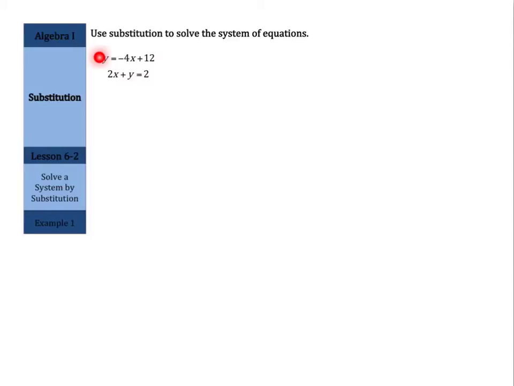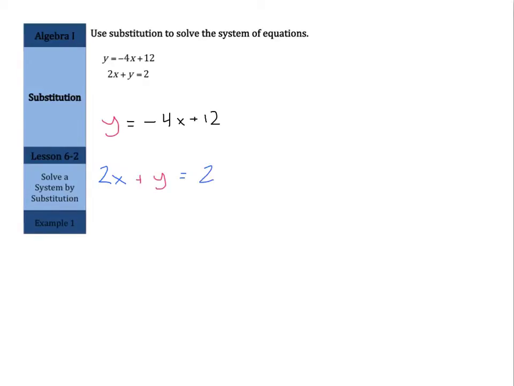So what we're going to do here, if we can picture it this way, we have y equals negative 4x plus 12. And then our other equation was 2x plus y equals 2.